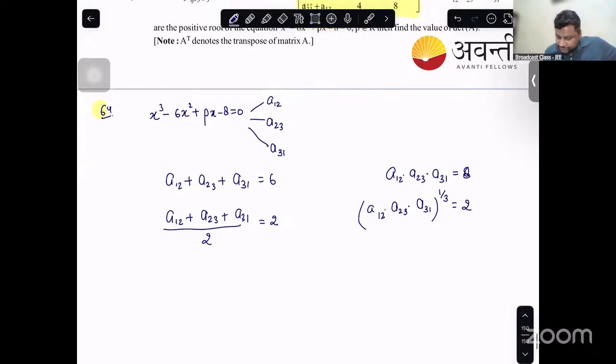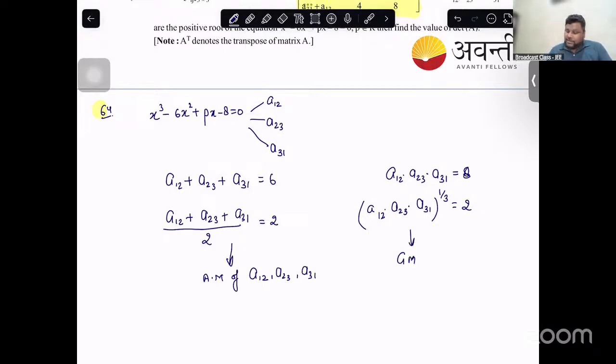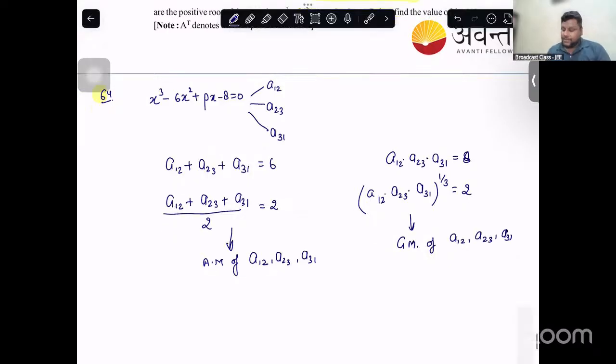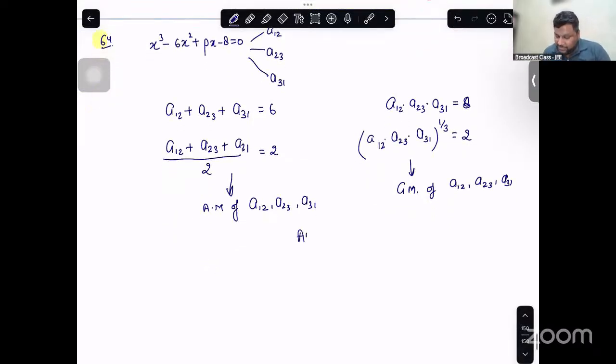This is what? Arithmetic mean of A12, A23, A31. And this is what? Geometric mean of A12, A23 and A31.